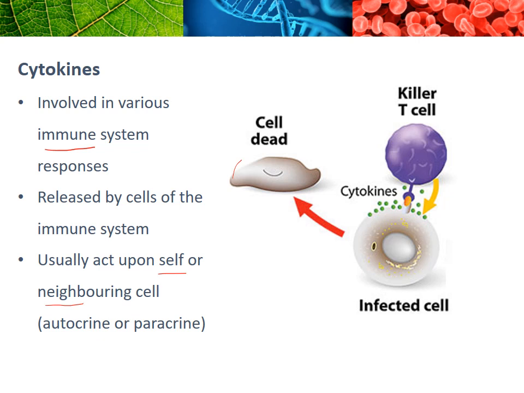An example here is a killer T cell. Don't worry too much if you don't know what that is. We will spend a lot of time on the immune system in a few weeks. So this type of cell here releases what you can see are these cytokines over here, and they're actually being picked up by an infected cell.